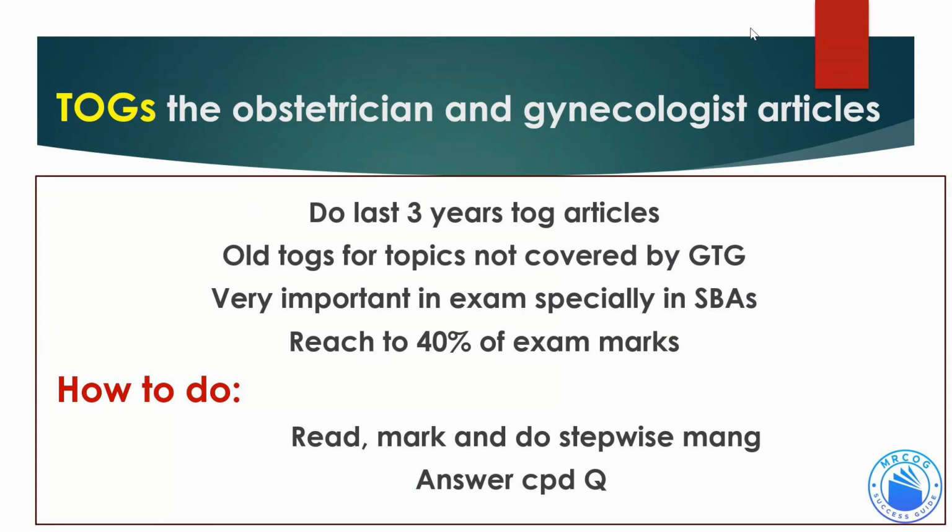Each year there are around 15 to 20 new topics. These TOG articles cover information that is missing in the Green Top guideline and NICE guideline, or recent updates that are not yet there.